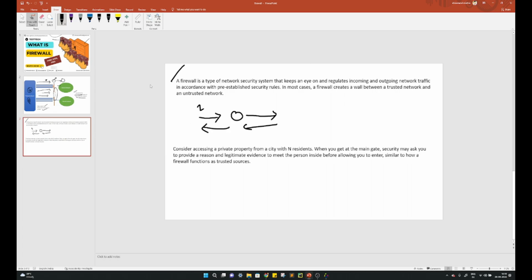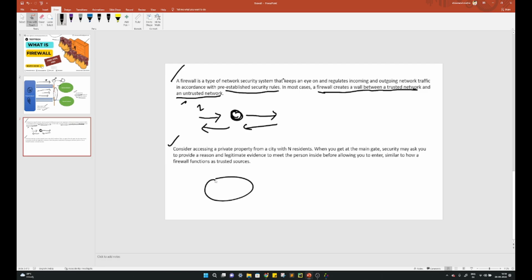Network traffic is regulated in accordance with pre-established security rules, whatever has been developed underneath the firewall, which we call pre-established security rules. In most cases, a firewall creates a wall between a trusted network and an untrusted network. That means an authorized network and an unauthorized network. So firewall checks the authorization of the network and then allows us to access anything.